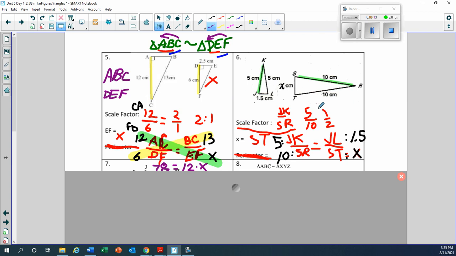Now, let's look at problem number 6. Similar situation. They're going to say JKL is similar to SRT.